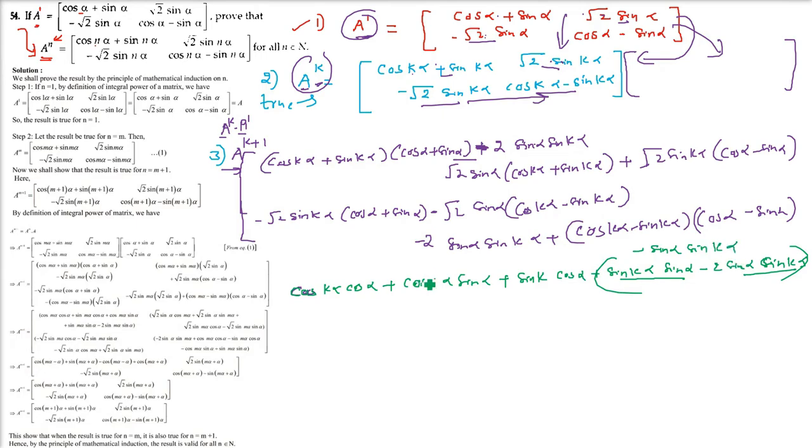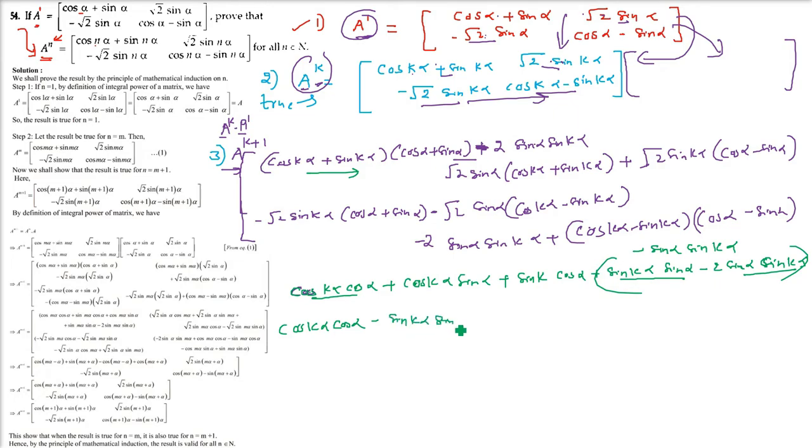Okay, so we need to rearrange it so that we can use the formula here. There can be some cos A plus B, some sin A plus B kind of formula. So cos A cos B plus sin A sin B we have, because cos k alpha and cos alpha is there. Do we have sin k alpha? Yes, we have cos k alpha cos alpha, and this one we are taking minus sin k alpha sin alpha.